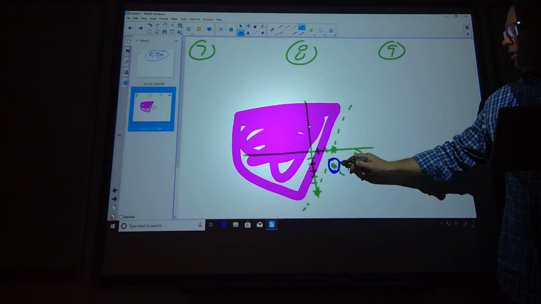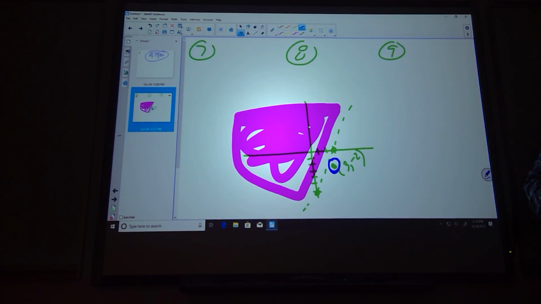So why is this not a solution? What would happen if I were to take 3, -2 and plug it back into my original? To give us a true or a false statement? True or false statement. Yeah.